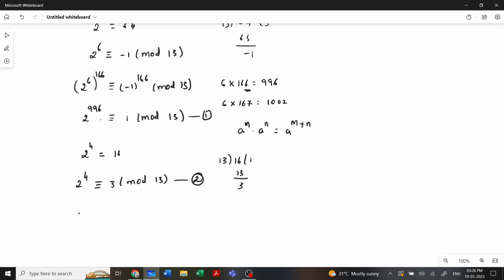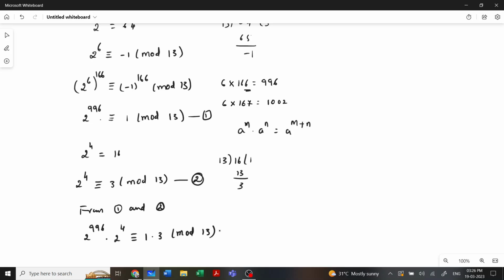Now from 1 and 2, by the theorem, 2 to the power of 996 multiplied by 2 to the power of 4 is congruent to 1 into 3 in mod 13.